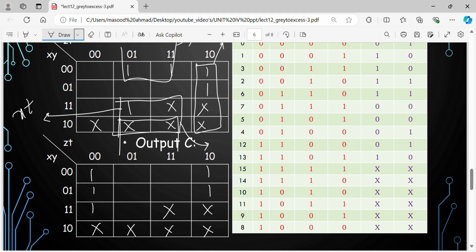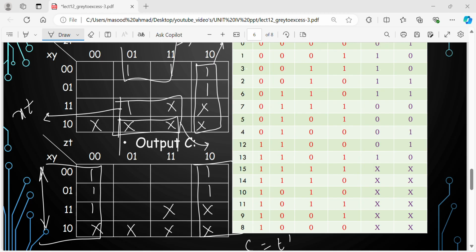So I can combine this 4 with this 4, which turns out to be C equal to t bar, because here x and y are changing completely, so no x or y will come into the picture. If I compare these two, here it is 1, here it is 0, so z is gone. Here it is 0, here it is 0, so t bar. So C equals t bar.